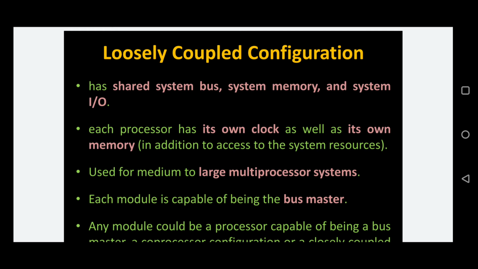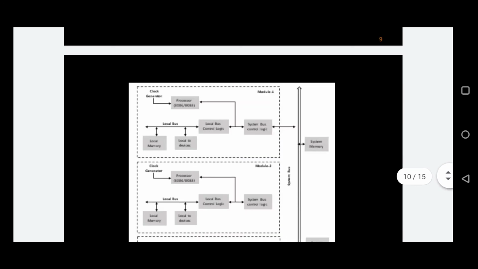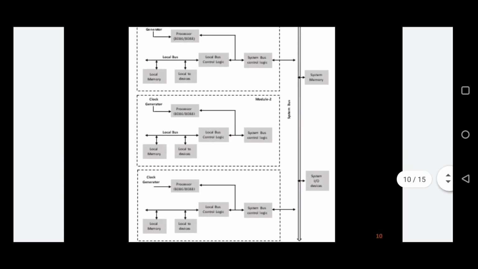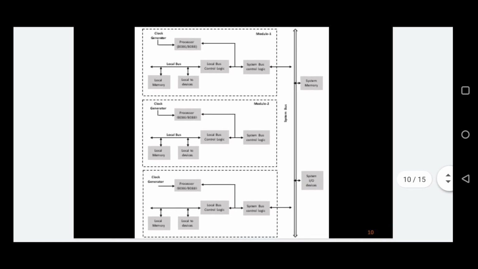In this diagram, there are three modules. Suppose any one of the modules fails; that failure will not create any problem in the whole system. That is very important.